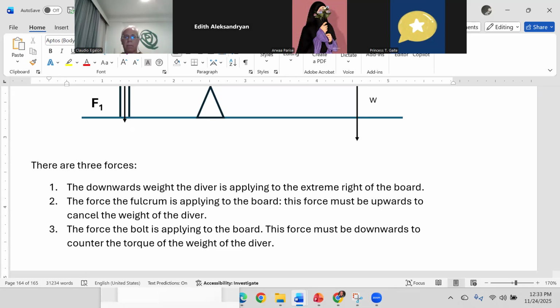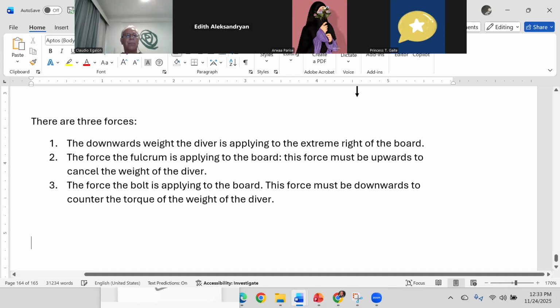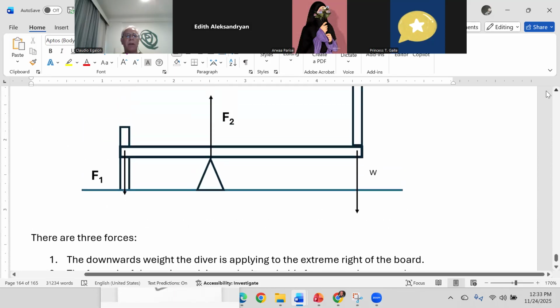Okay, that's just a qualitative solution of the problem. We didn't finish solving it yet. Now we have to come up with a mathematical solution of the problem.